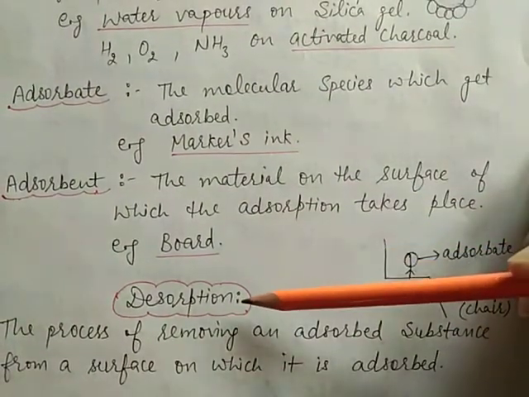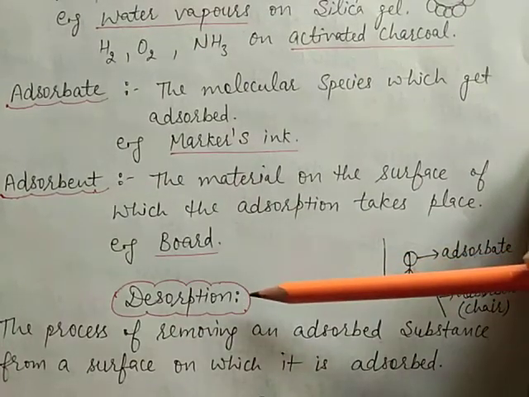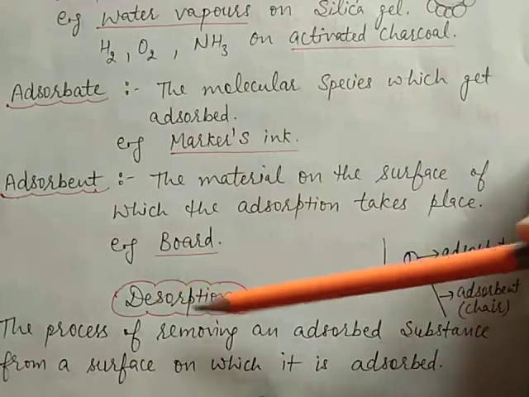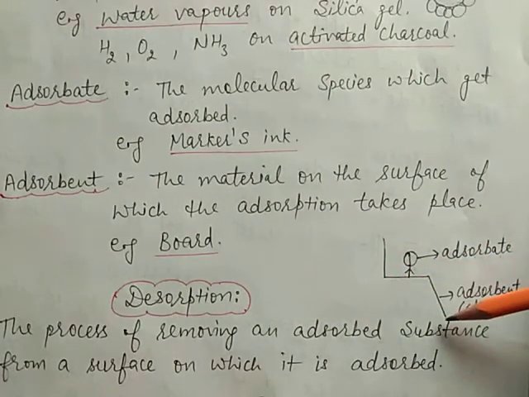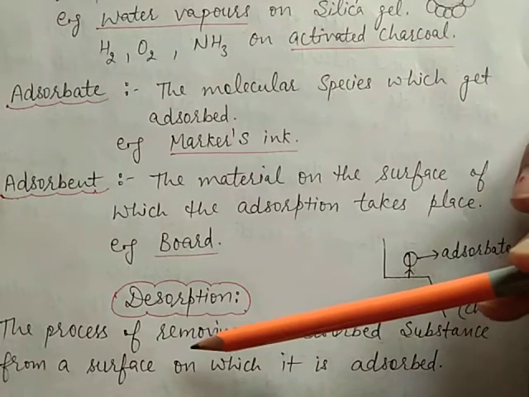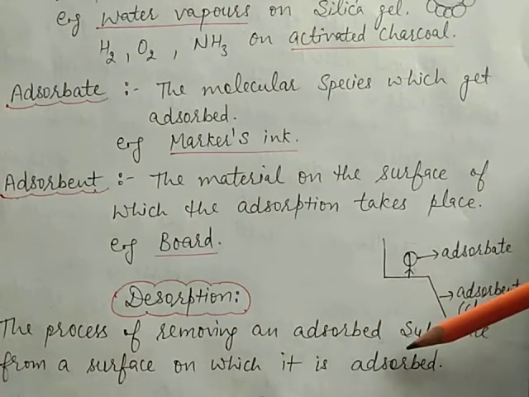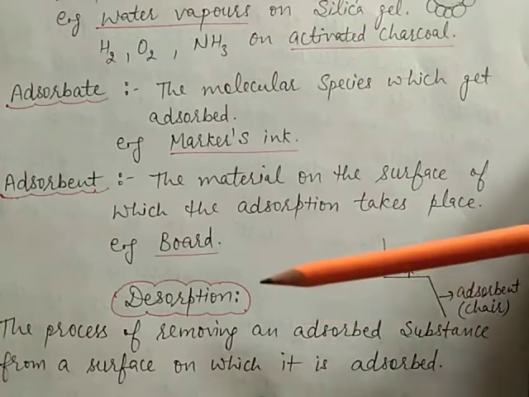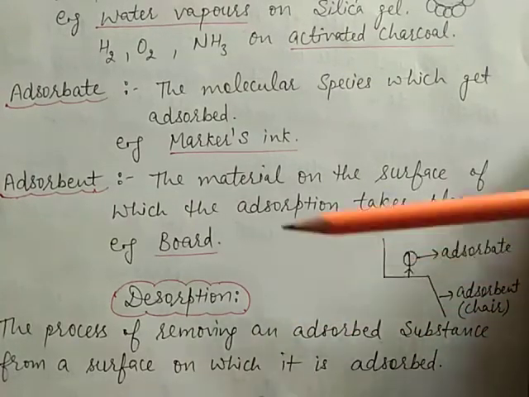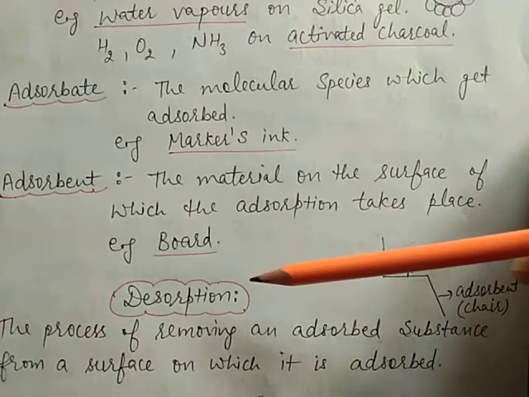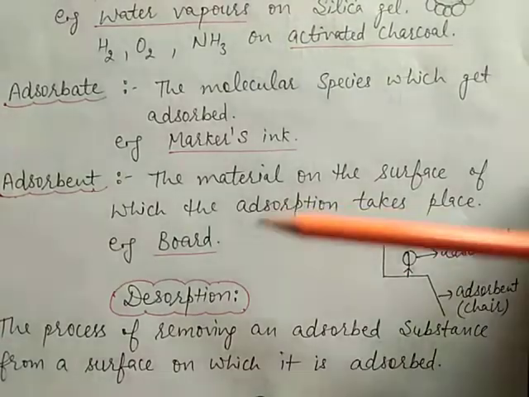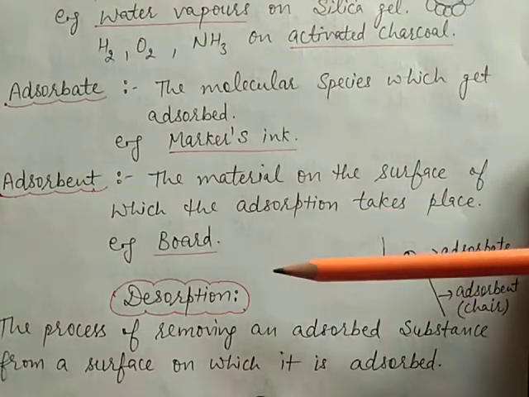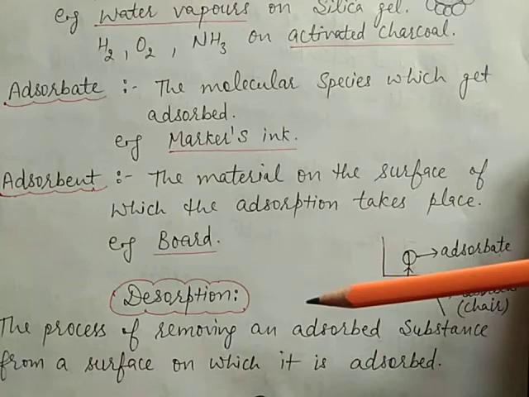Now the next topic is desorption. The process of removing an adsorbed species or substance from a surface on which it is adsorbed, means removing the adsorbed substance from the surface, is called desorption. D means remove, sorption means adsorb substance from a surface.